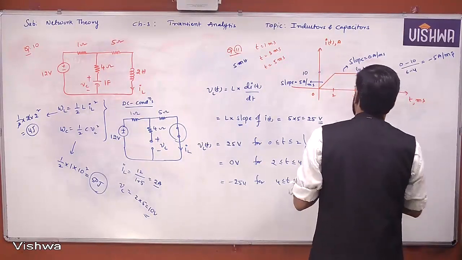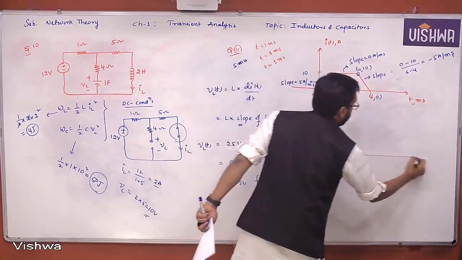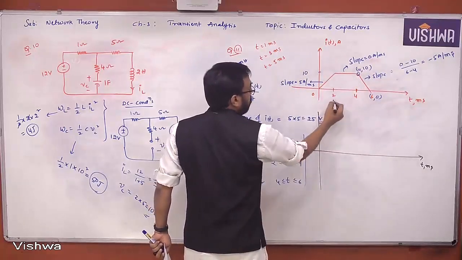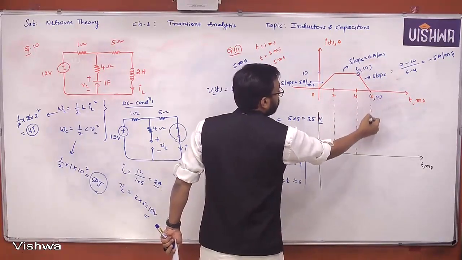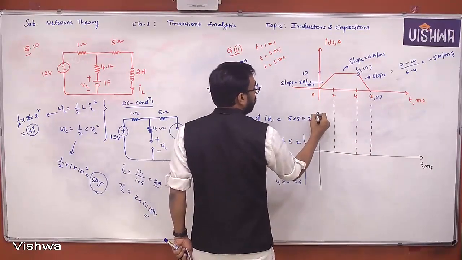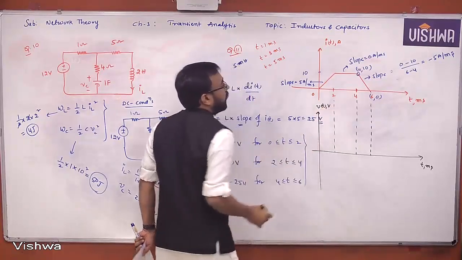So now, on the t axis in milliseconds, we have 2, 4, and 6. What do you get here? The voltage V of t, the voltage across the inductor.